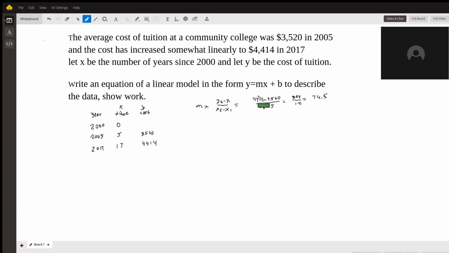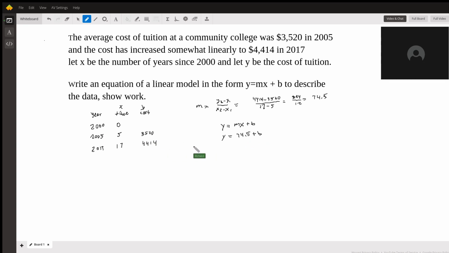So we can finish this problem in two different ways. One way is to just go right into the slope-intercept form here. So we're going to go y equals mx plus b. And we're going to plug in what we have. So far, we have that slope is 74.5, so y equals 74.5x plus b. And now we're going to use a point.